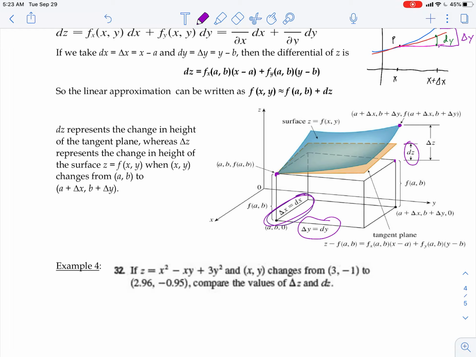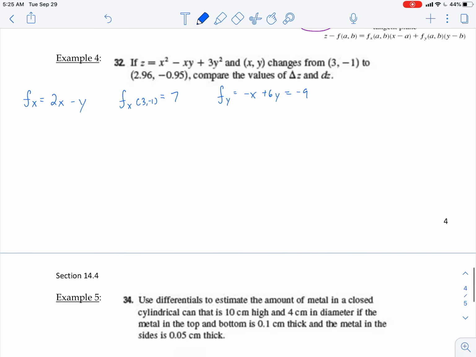So at (3, -1) is my point. At (3, -1), we're going to get 6 plus 1, so 7. Then I'm going to find the partial of y. And so that's going to be -x plus 6y. So substituting that in, I get -3 minus 6, so I'm going to get -9.